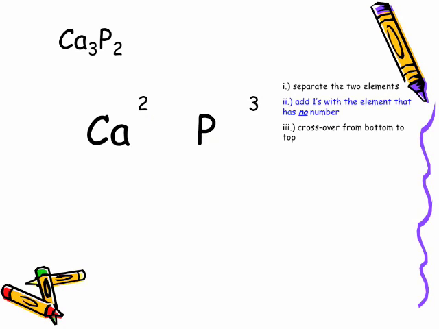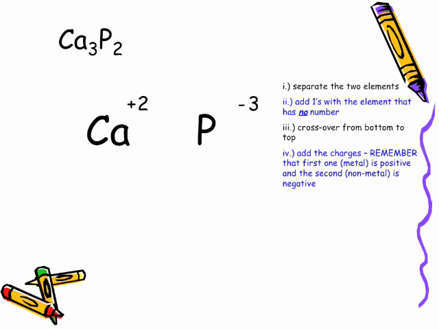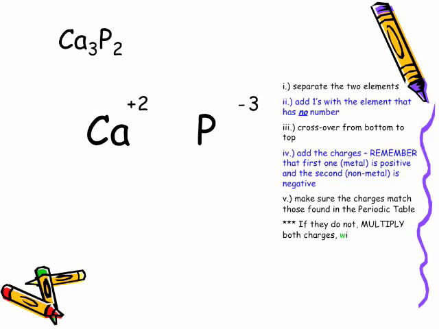Okay, the next step, we're going to add charges. Remember that the first one, which is the metal, is positive. The second one is a non-metal, and that's negative. Okay, we're going to make sure that the charges match those found in the periodic table. If they do not, multiply both charges with the same number to find their true charge. Both calcium and phosphide have the correct charge on them.